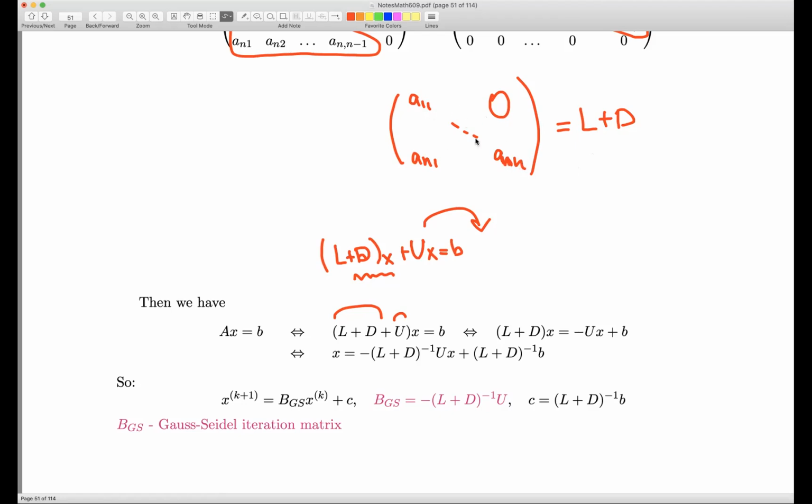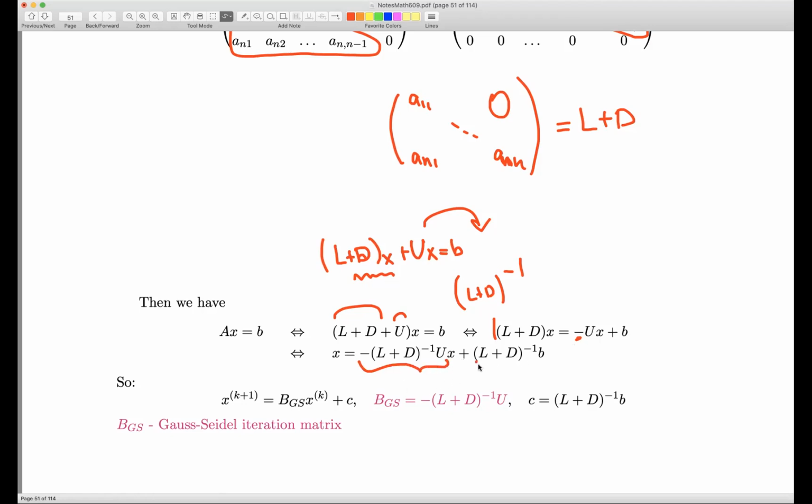We know that the determinant of this matrix is A11 and so on times ANN. Therefore, it will have an inverse. So if we multiply now both sides by (L plus D) inverse, we will have that X is equal to minus, because of this minus here, (L plus D) inverse times U, which will create a matrix.